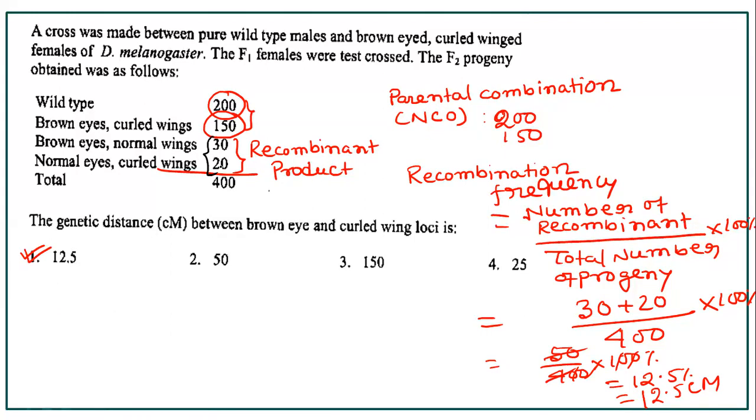The genetic map distance equals the number of recombinants by total number of progeny into 100%. So the answer is 12.5.